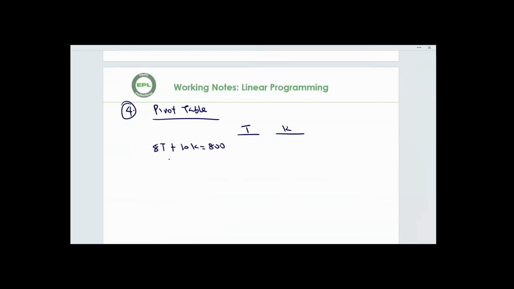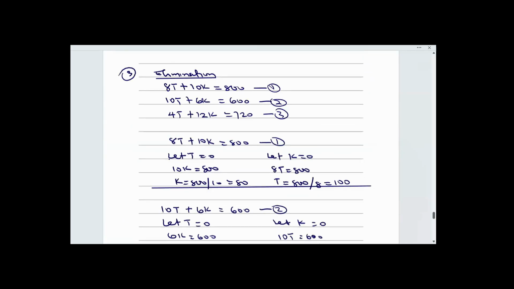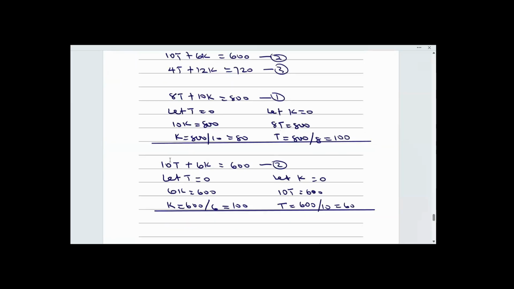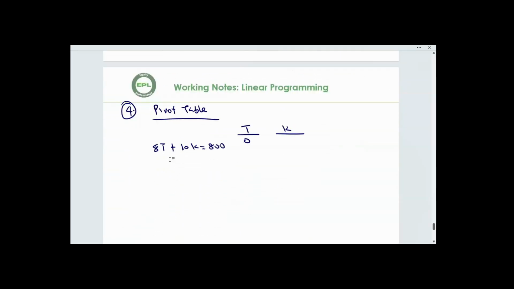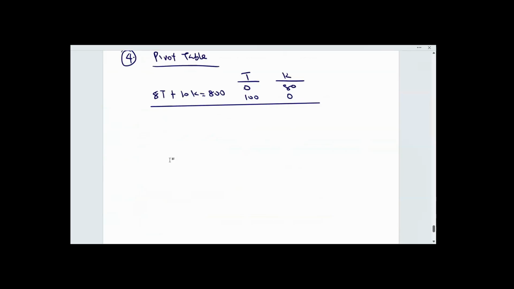Okay, so when T is equal to 0, then K is 80. And when K is 0, T is 100. All right. The second equation is equation 10T plus 6K equal to 600. Okay.